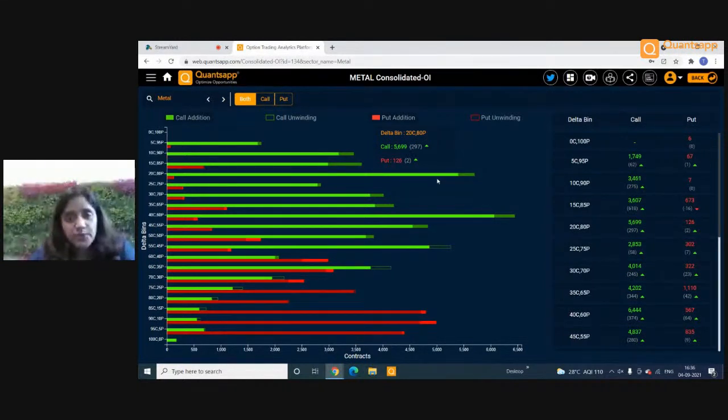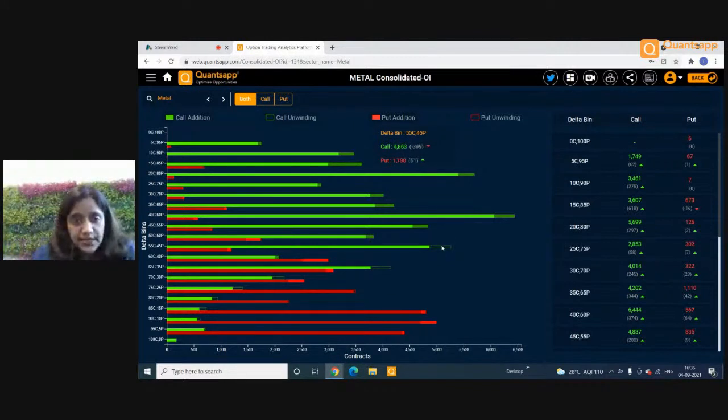Earlier, say there were 10 lakh writers at this strike, and now those 10 lakh writers are moving above. Are they all moving to the same strike or distributing? When you see the writing position getting distributed, that itself shows the immediate resistance could be compromised and there could be a move higher.